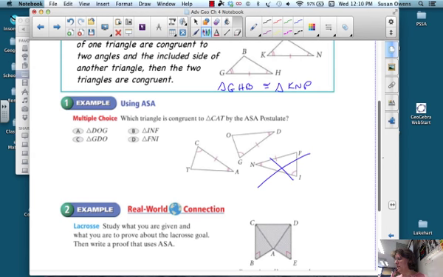So it has to be between these two triangles that they're congruent. If I match up where they are corresponding, C corresponds to G, A corresponds to D, and T corresponds to O. So it would be C.